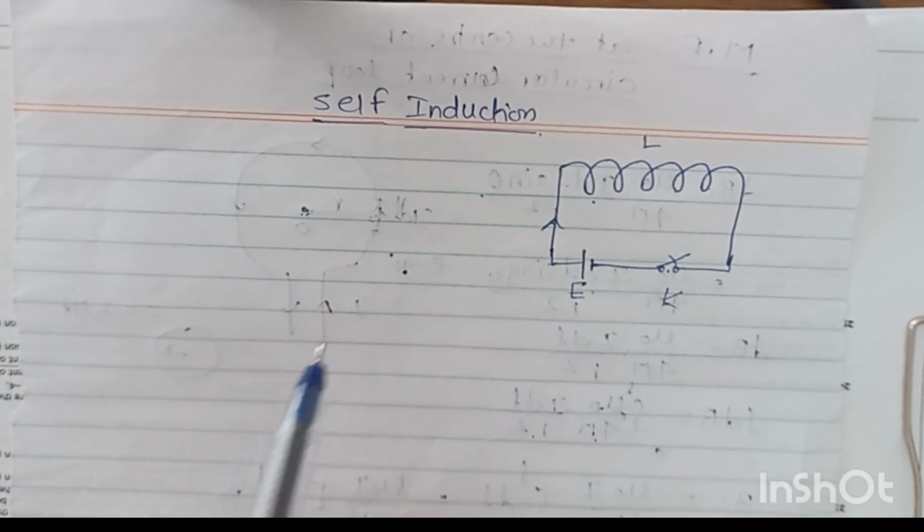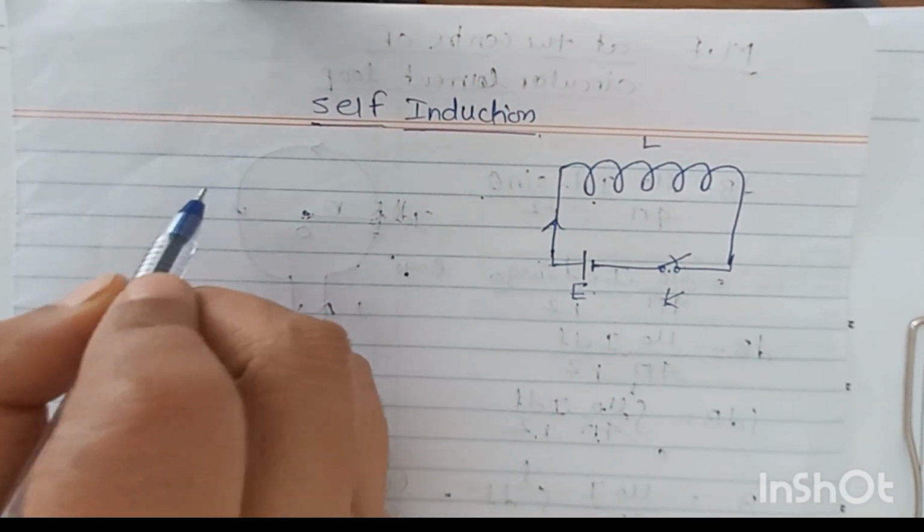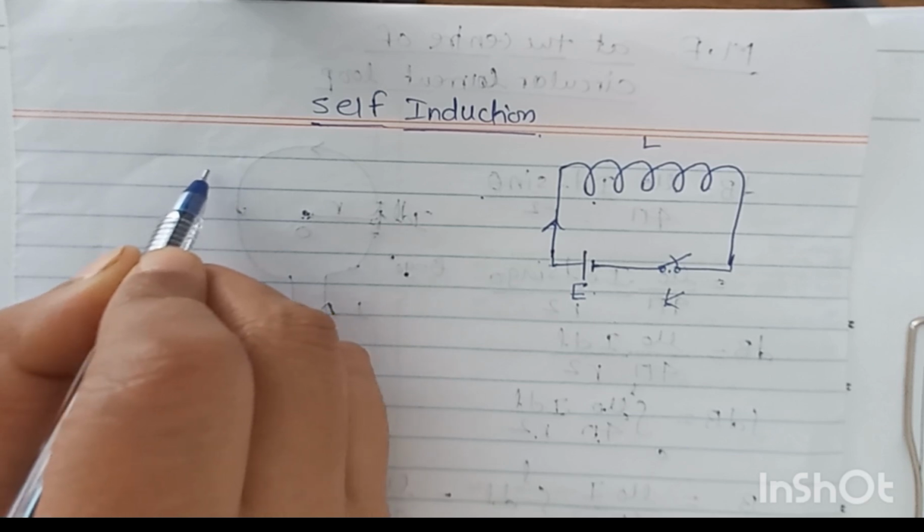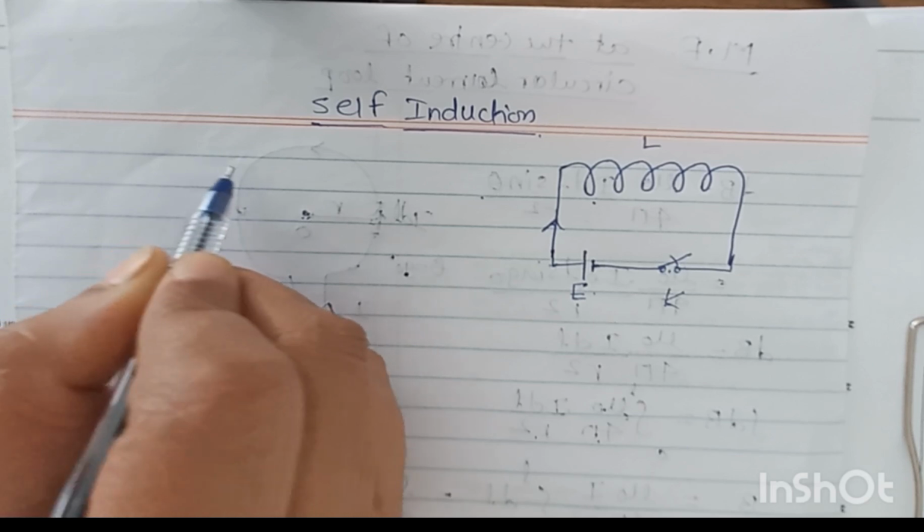Self induction opposes both the increase and decrease of the current, and this is called the inertia of electricity.